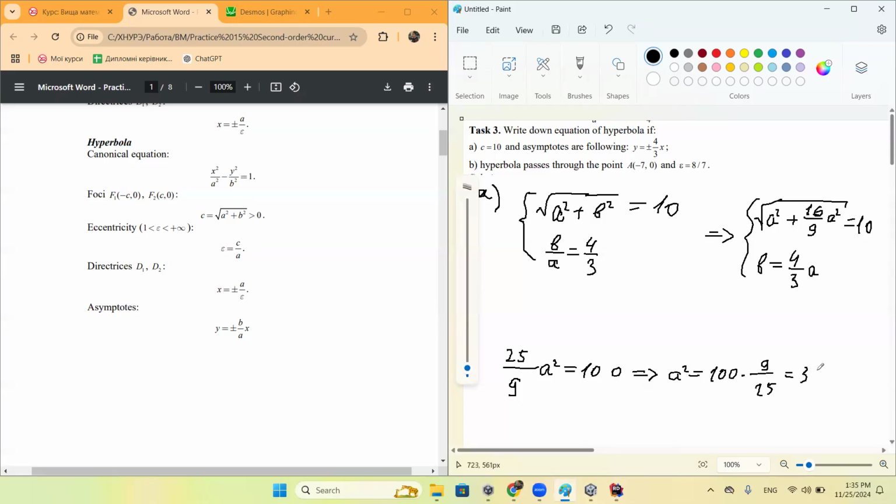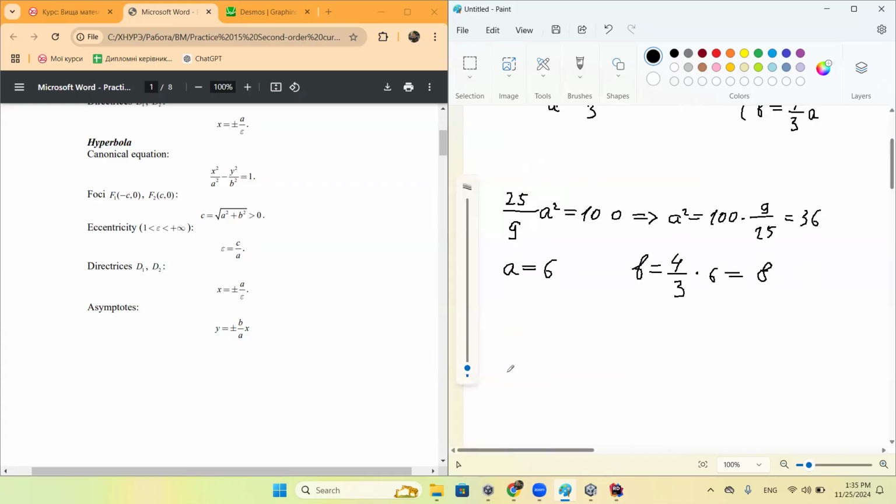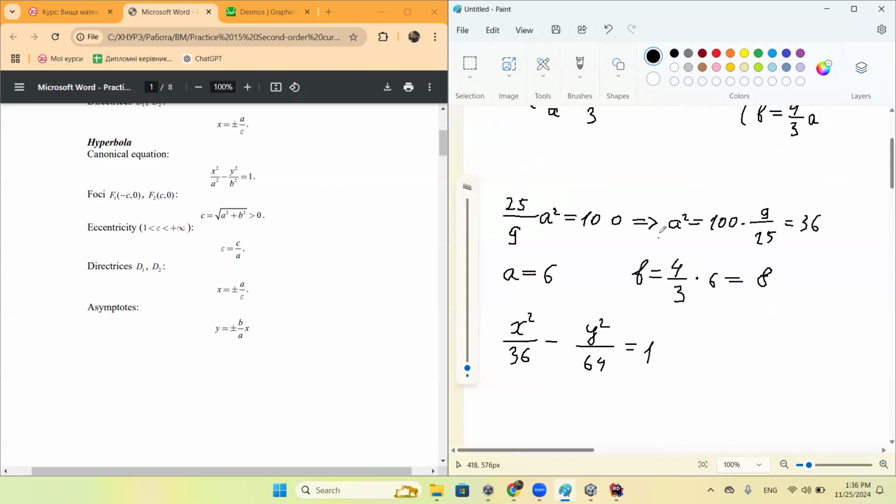So it equals 36. So A equals 6. And B equals 4 by 3 by 6, so it equals 8. And now we can write down the canonical equation. It is the following: x to the power of 2 by 36 minus y to the power of 2 by 64 equals 1. So we found the canonical equation.